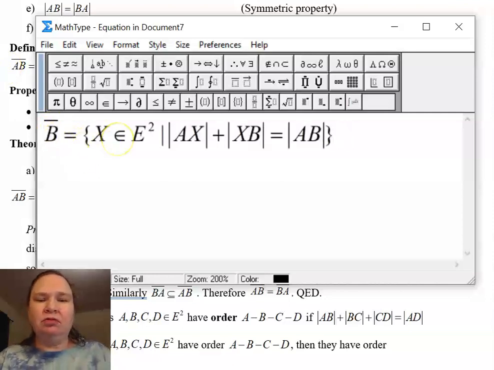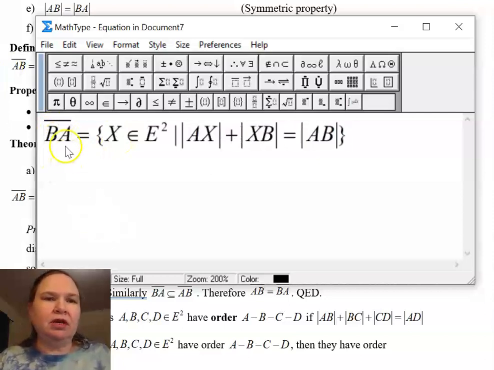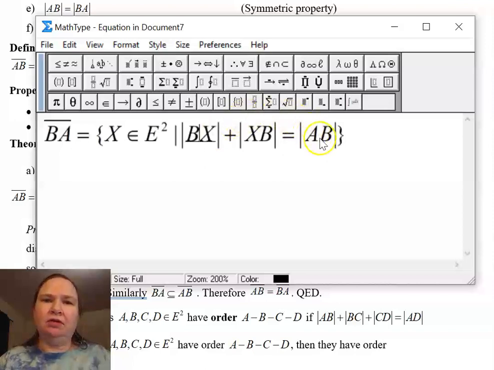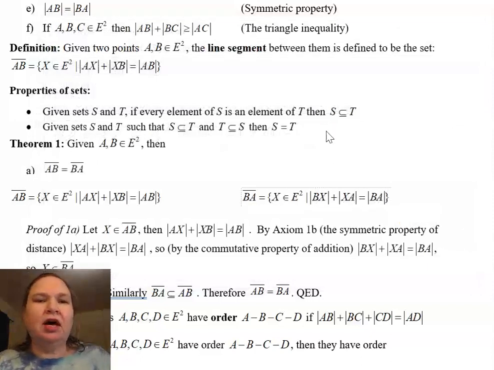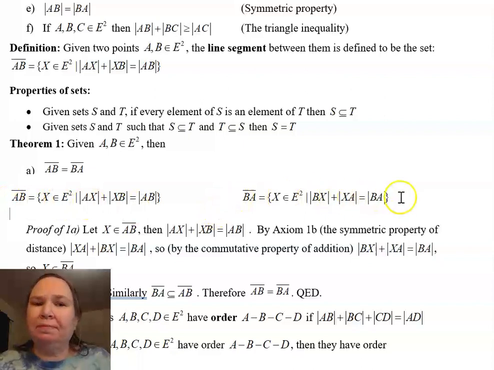So what I'm going to do to get my new definition is take all of the A's and turn them into B's. And then I'm going to take all the things that were B's and turn them into A's. And now I have done a substitution so that I have a definition of the segment AB and a definition of the segment BA.